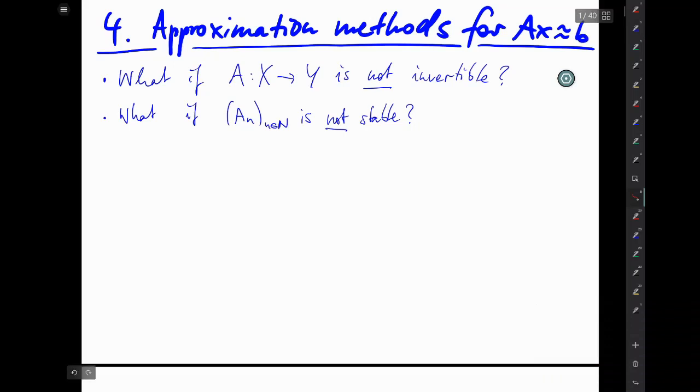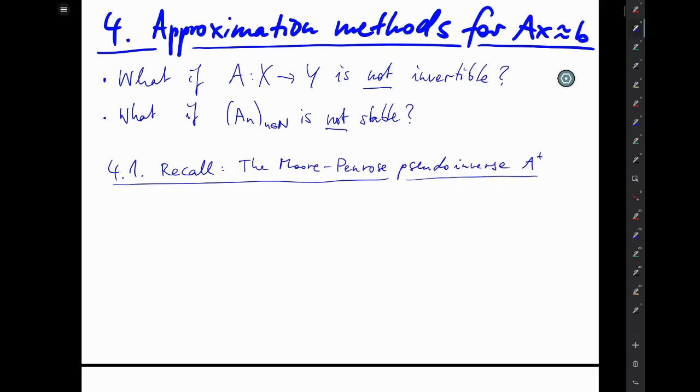Remember from the first week of this course that solving least squares problem has to do with the Moore-Penrose pseudoinverse. So our first subsection here is about a little recall of properties of the Moore-Penrose pseudoinverse. And the motivation was to solve the equation AX equals B as good as possible when A is not invertible.